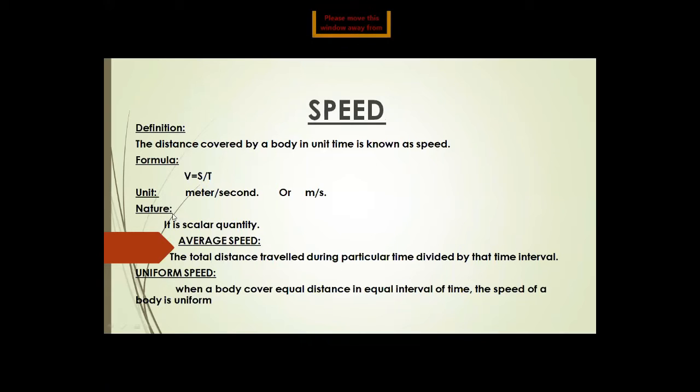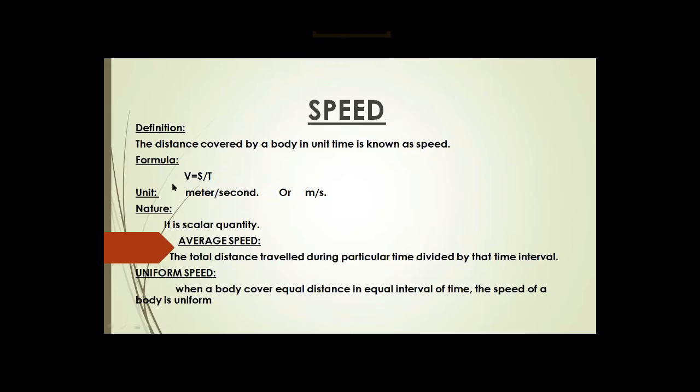After that, we are coming to describe their unit. So, if we focus on the formula, then we have the distance, and the unit of the distance is meter. And the second is time. The unit of the time is second.